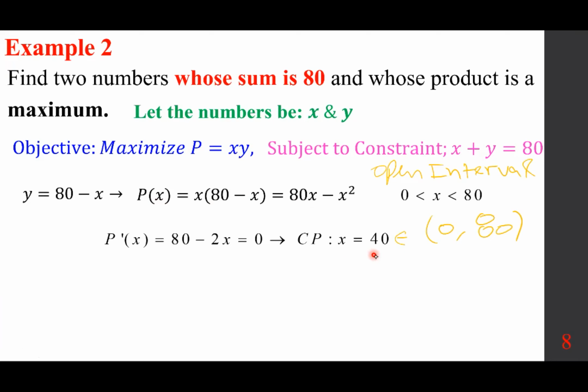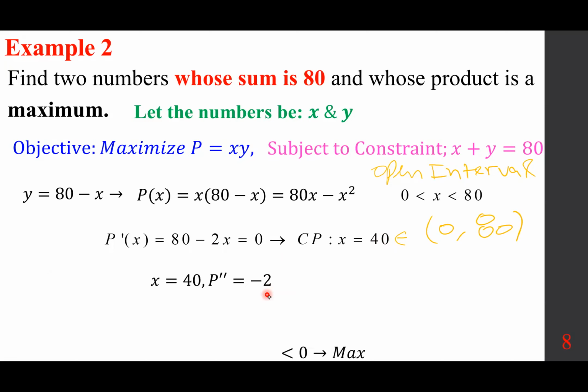So is this going to maximize or minimize? We are going to go with the second derivative since it's easy, and P double prime becomes negative 2. You have to plug in 40. This is not a function of X, so it makes no difference.